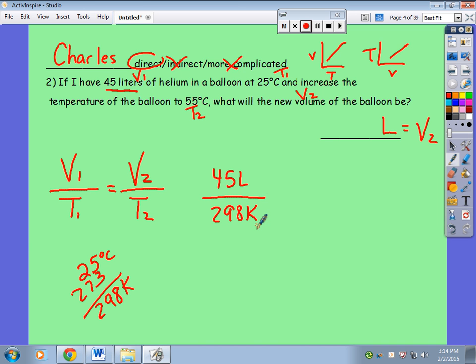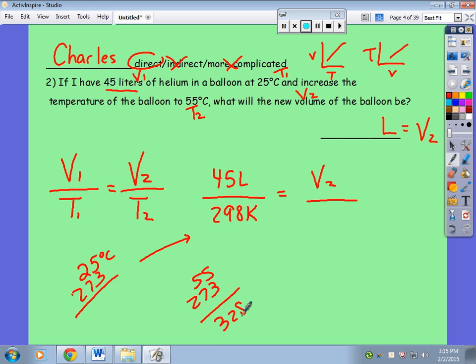And by the way, if you don't write this right here, and you just show your work for this, and you just put your answer right here, that's fine. That's showing your work. All right, now, what's my second volume? Oh, I don't know that. What's my second temperature? Well, I have 55 degrees Celsius, and I need to add 273. If I do that, that equals 328.